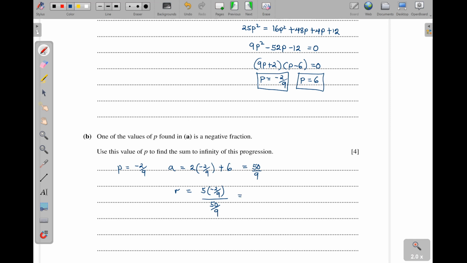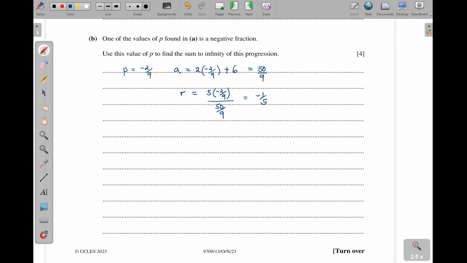So this is actually the same as negative 10 over 9, then times the reciprocal of this one, so it will be 9 over 50. Now this 10 will go into 50 five times, so the 9s disappear. So we get negative 1 over 5.